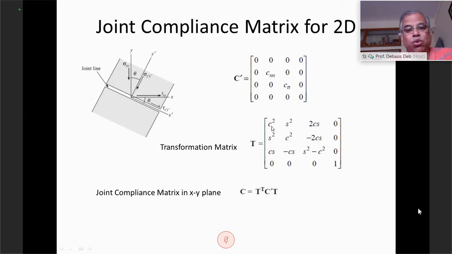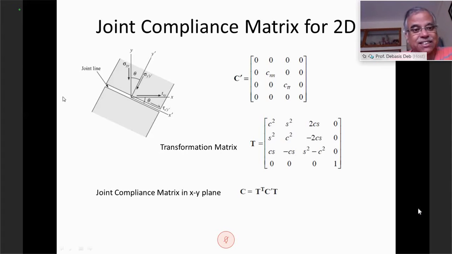So when you are doing C dash, you will use minus theta, remember that. When you are inverting it back to x and y, going from this to this, you will have plus theta, because you are now going from x dash y dash to xy. You are going counterclockwise, so it is positive theta.